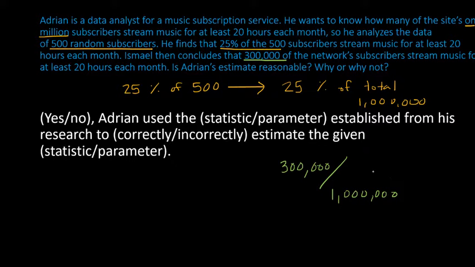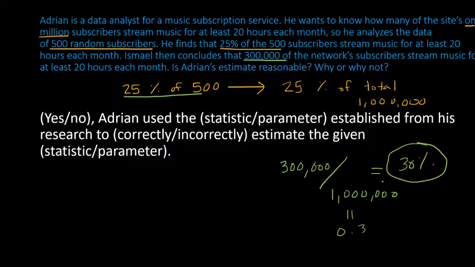Well, 300,000 out of 1 million is 30%. If you did this division, you would get 0.3, which is 30%. So he did not do this correctly, because why would you assume, again, if it was 25% of your sample, then how would you get to 30% in your population? That doesn't make sense, right? So this is not a good conclusion.